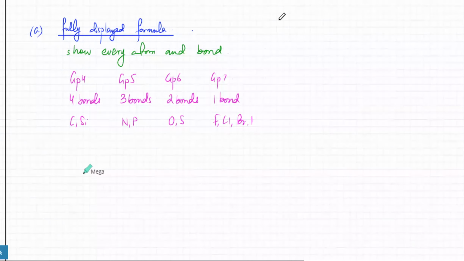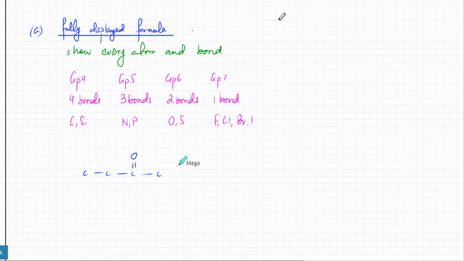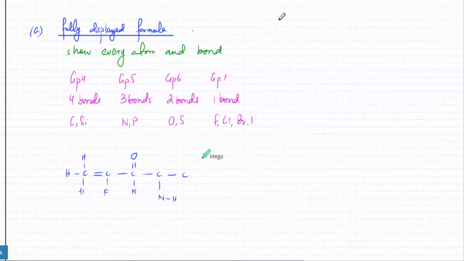So as an example, if I draw a random molecule, I mean, it's not exactly a correct version, but I'm drawing this molecule, and we can have C double bond O over here.